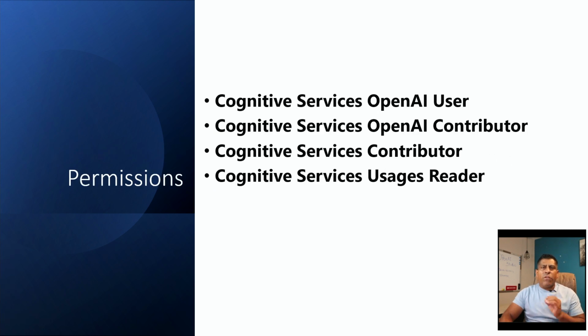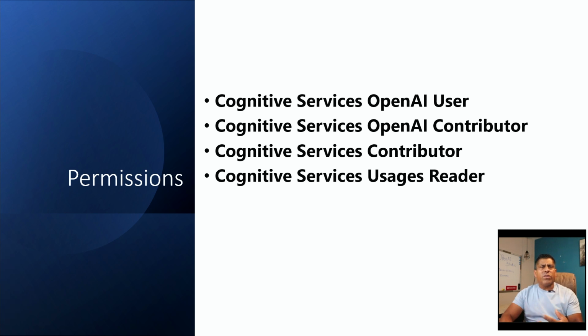Some of the things that affect the access into the studio are the permissions that you give. So the Azure OpenAI is based on the RBAC model, which is the role-based access control, or RBAC. And some of the permissions that are already created are these four.